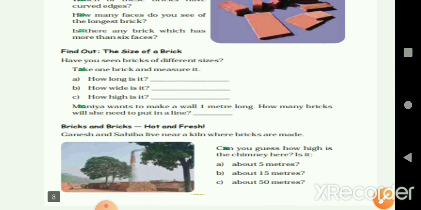Then if the length of a brick is 10 centimeter, then 1 meter is equal to 100 centimeter.